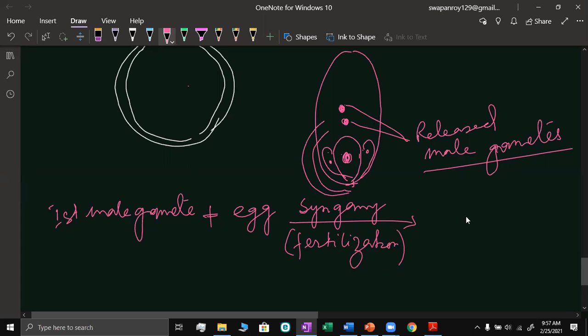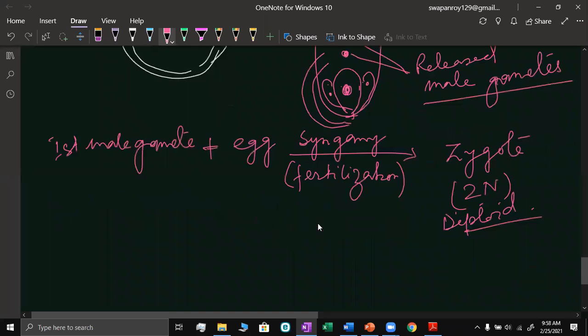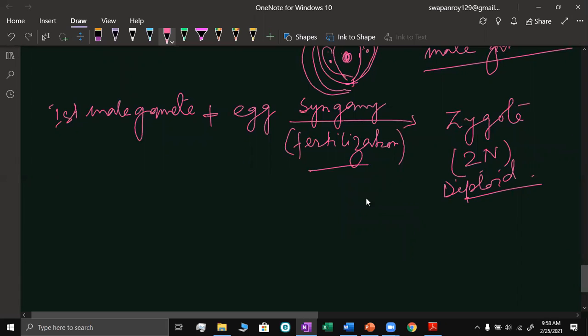It fuses and forms the zygote. This zygote is diploid, 2n. This is syngamy or fertilization.